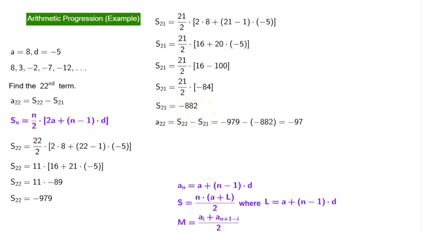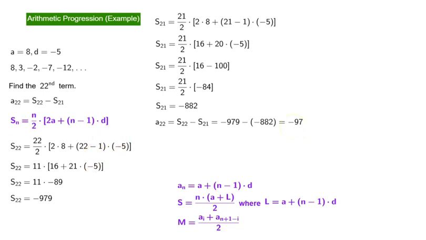So now we subtract these two to get the 22nd term: minus 979 minus (minus 882), which gives us minus 97.